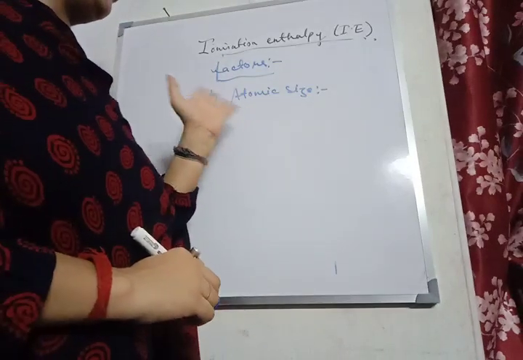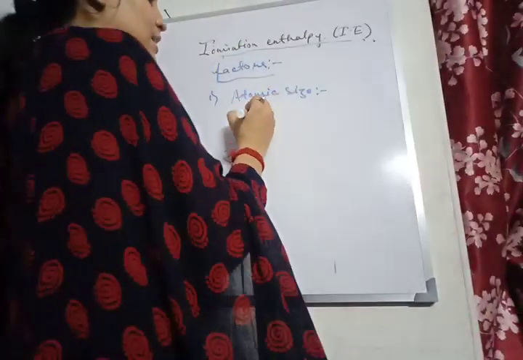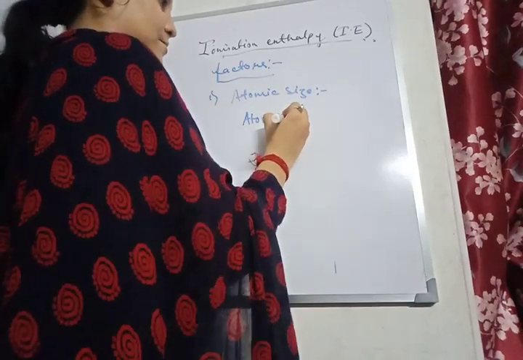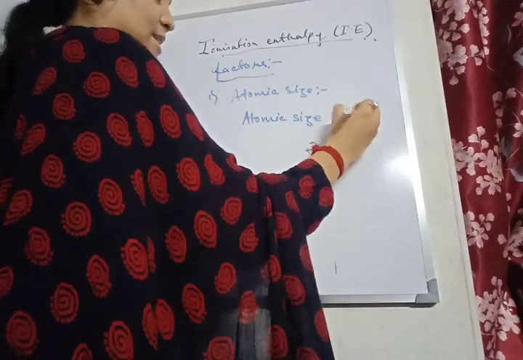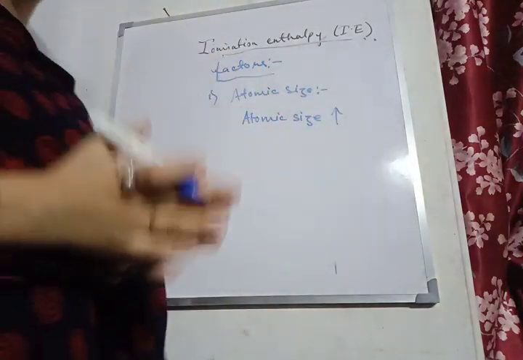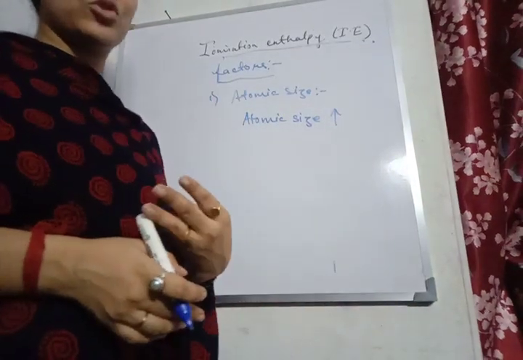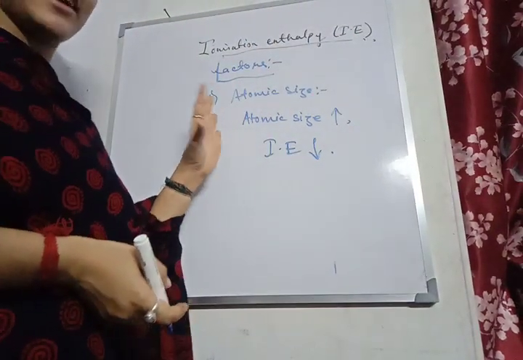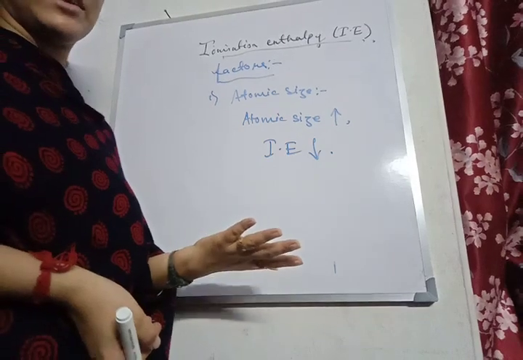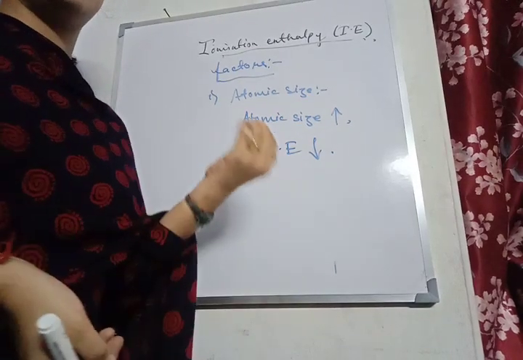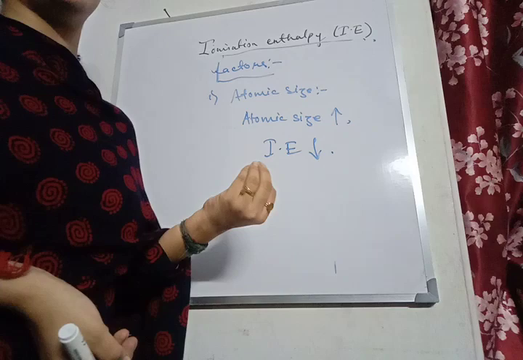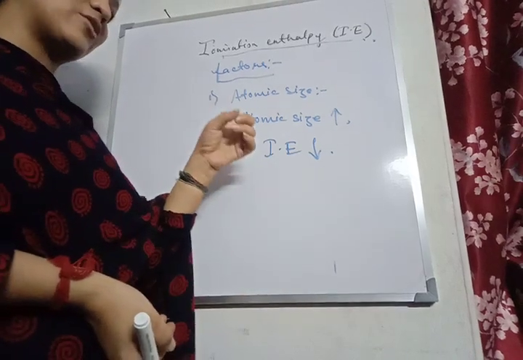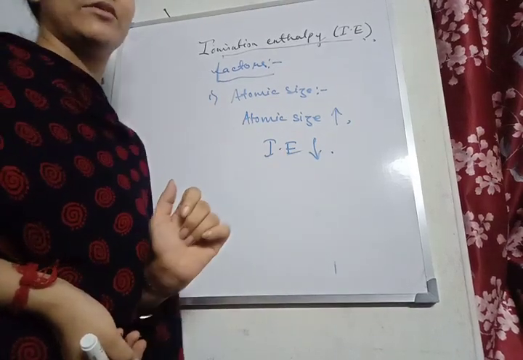So with increase in atomic size, the distance is more between the nucleus and the outermost shell. So the nuclear pull is lesser, and the ionization energy will be lesser. Greater the atomic size, greater the distance between the nucleus and the valence shell. As a result, less energy is required to remove the electron from the valence shell. So with increase in atomic size, ionization energy will be decreasing.